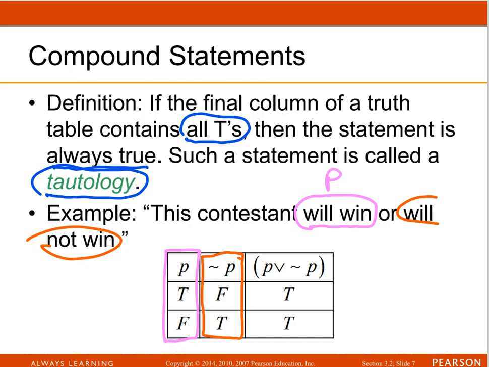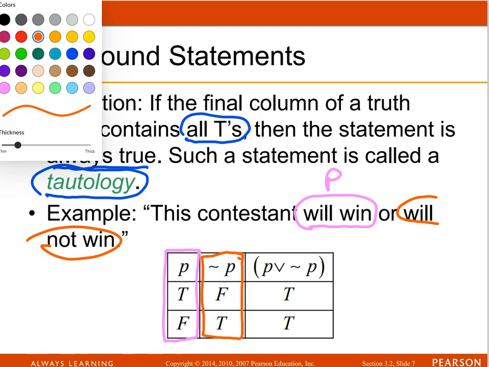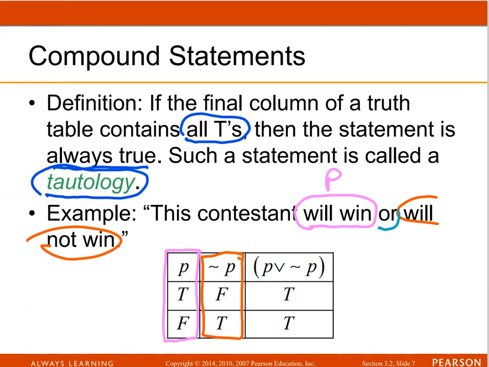But they threw in the word or right here. And that is this symbol here. So you have to go back and look at each row, this row first, which you're going to compare the pink column with the orangey column. So if you're saying, okay, I have a true or a false, true or false is true.